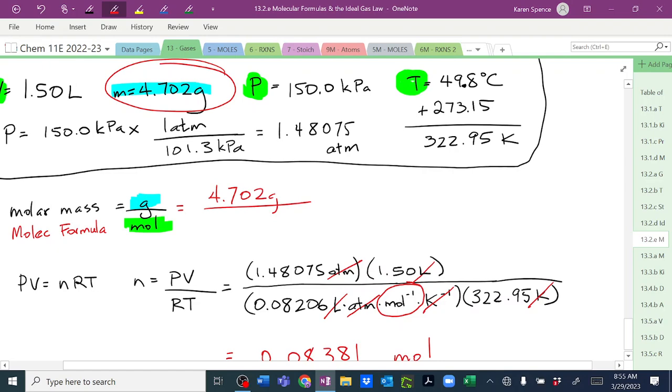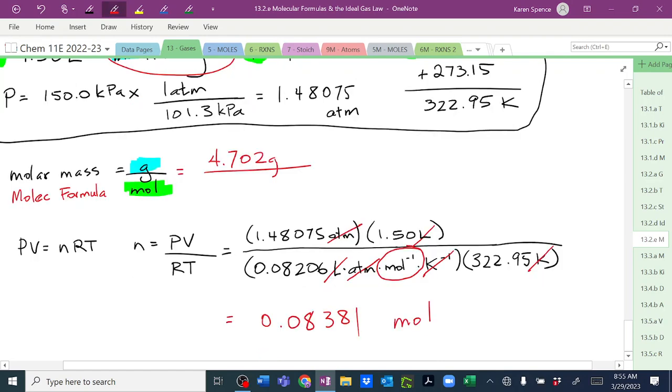And we just calculated our moles, 0.08312. We do the division. And we get 56.102 grams per mole.